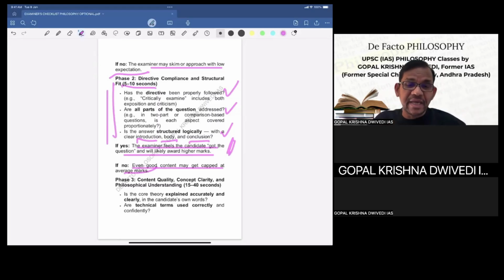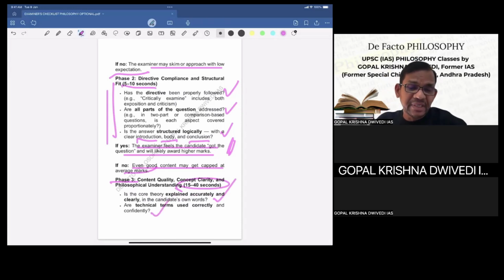Now, in phase three, he will spend about 15 to 40 seconds on an answer. What he is going to see is content quality, conceptual clarity, and philosophical understanding. So, is the core theory explained accurately and clearly in the candidate's own words? Are technical terms used correctly and confidently? Now, this is very important.